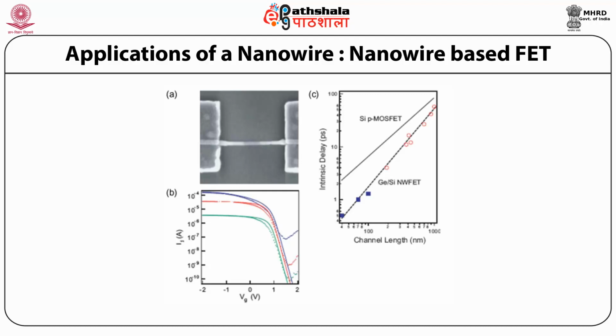Due to the unique one-dimensional structure with remarkable optical properties, the nanowire also opens new opportunities for realizing high-efficiency photovoltaic devices.